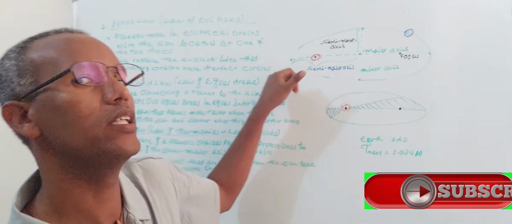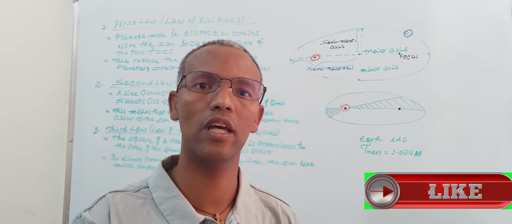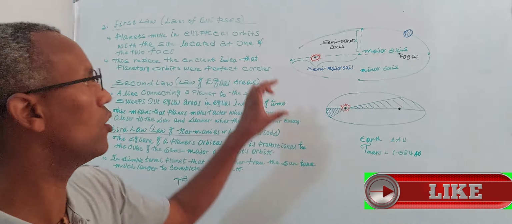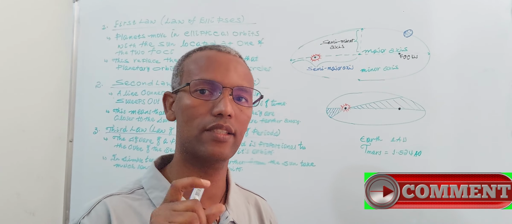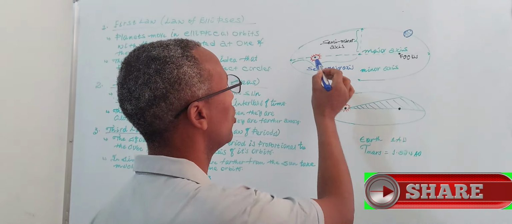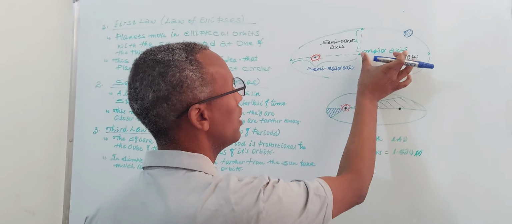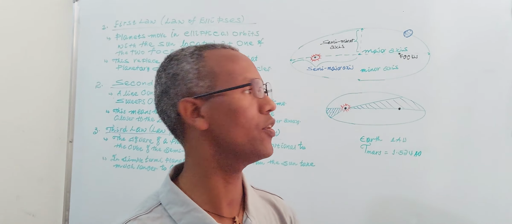So his first law states that the planet is moving in elliptical orbits in which the sun is located at one focus. Let's say these are the two foci. Foci is the plural form of focus.